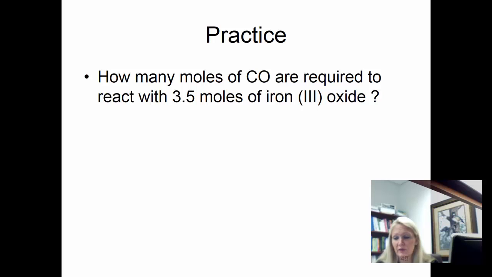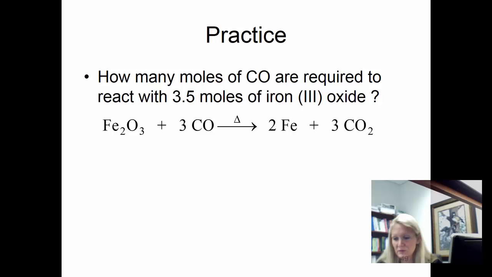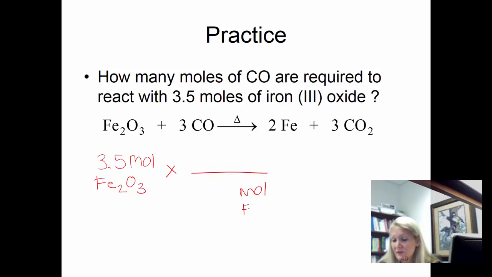For practice, we have a balanced equation, and we have 3.5 moles of iron(III) oxide. I always start with what I'm given and plug it in.